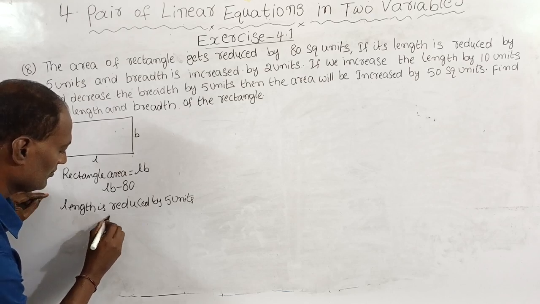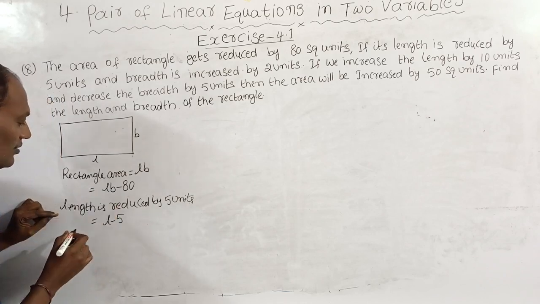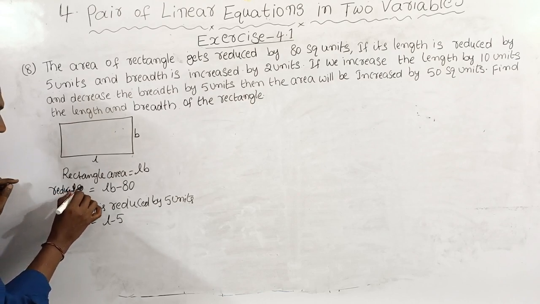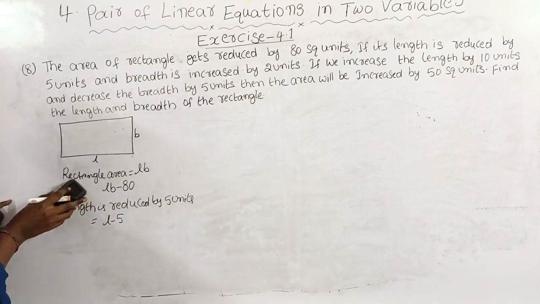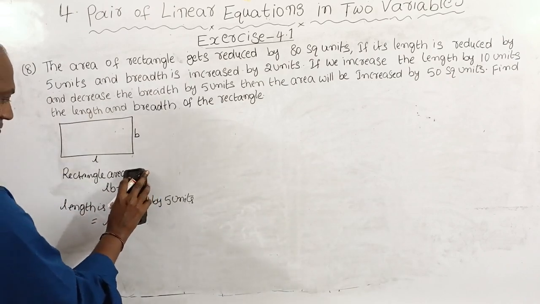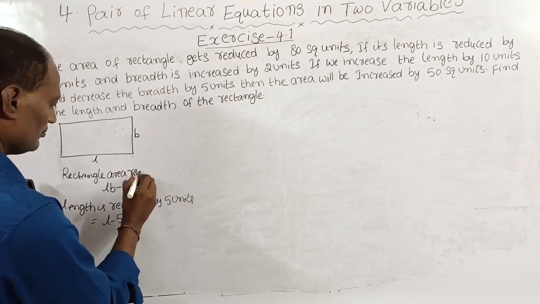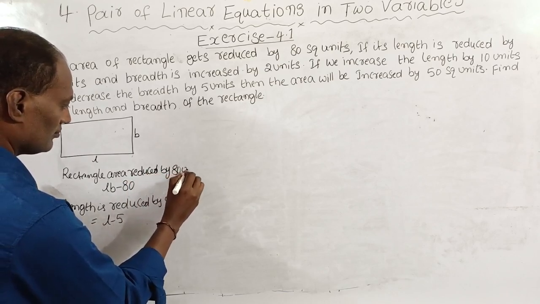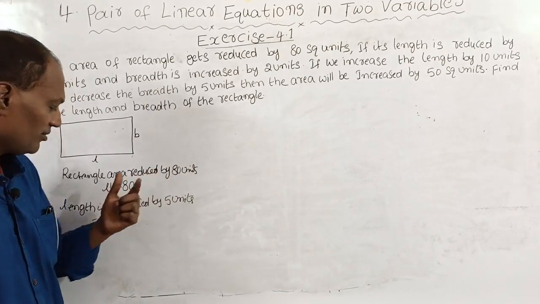So L minus 5. Rectangle area reduced by 80 units means LB minus 80.